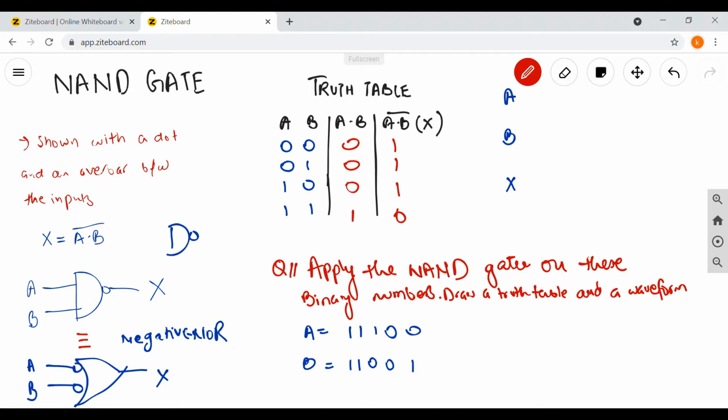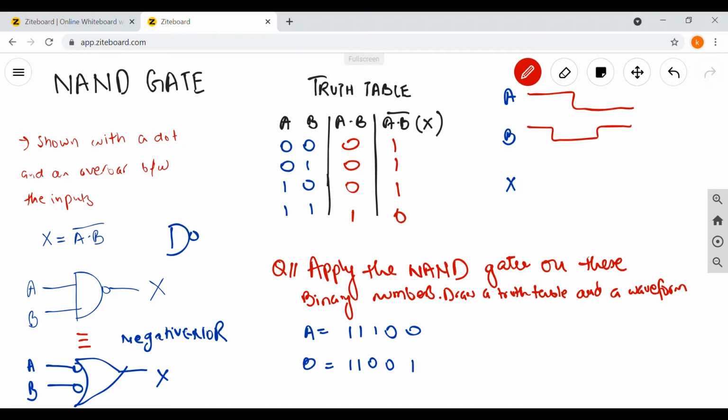1 1 1 0 0, and then we have 1 1 0 0 and 1.